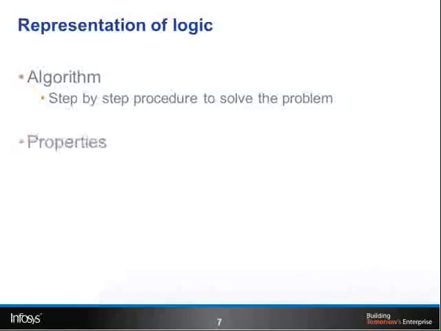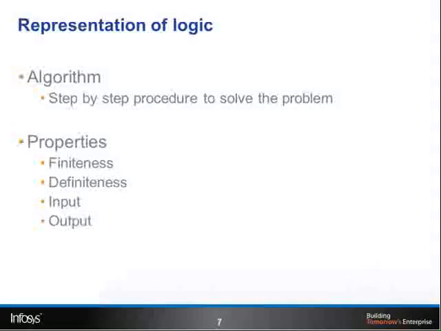The various properties of an algorithm are: it must be finite. That is, it must terminate after a finite number of steps. It must be definite. That is, action carried out in each step must be unambiguously defined. Zero or more inputs should be provided to it initially or dynamically.